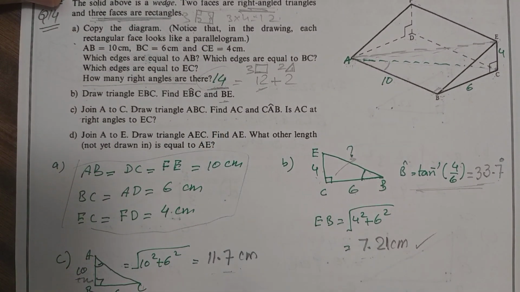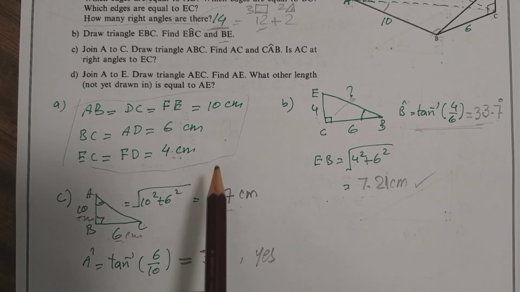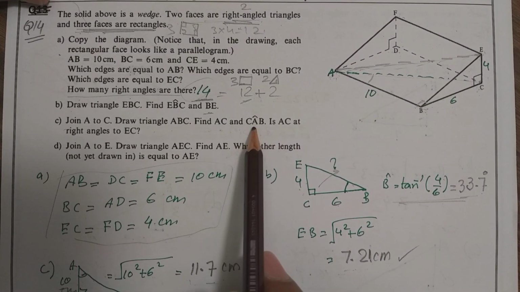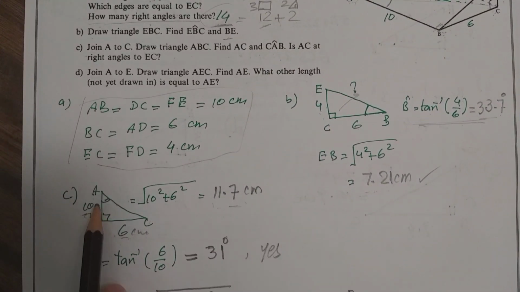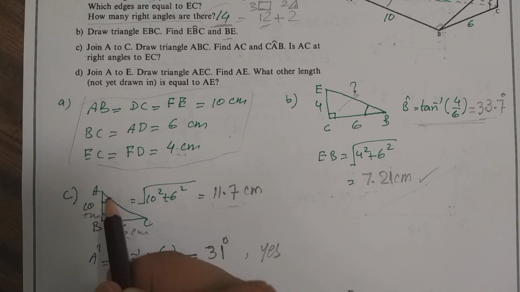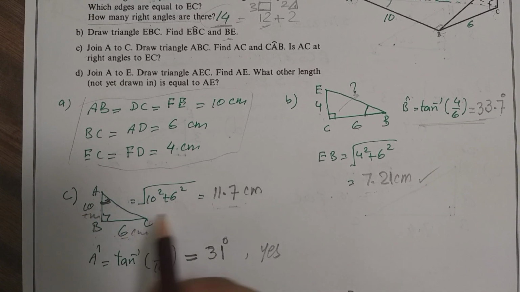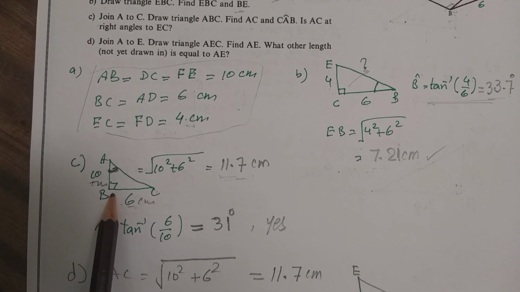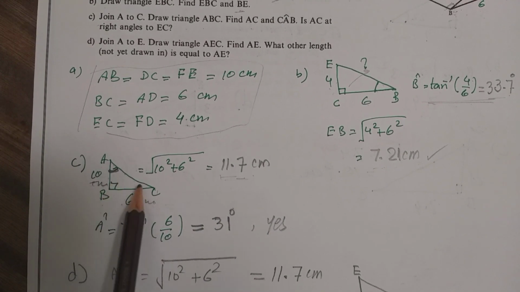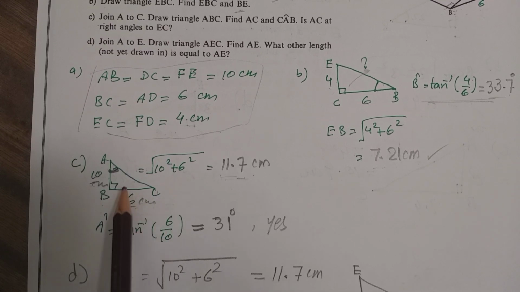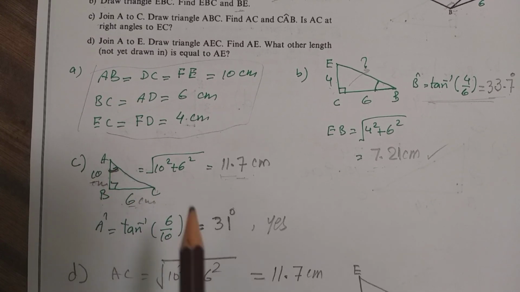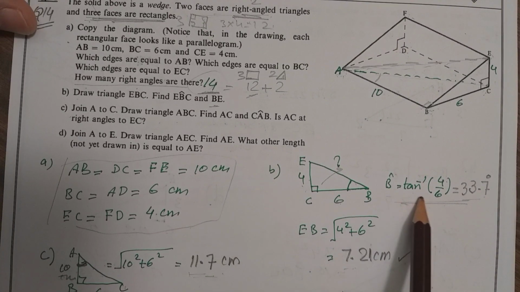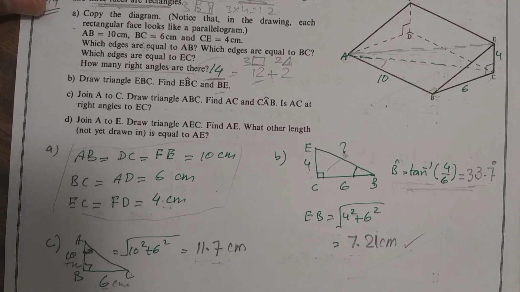We found AC here. Then what does he say? Find angle CAB. We need to find this angle. This is opposite, this is adjacent. Even though you have the hypotenuse, whatever formula you apply, you can apply sine, cosine or tangent here. But I apply tangent, opposite and adjacent, because I did practice questions about tangents in the previous questions as well.